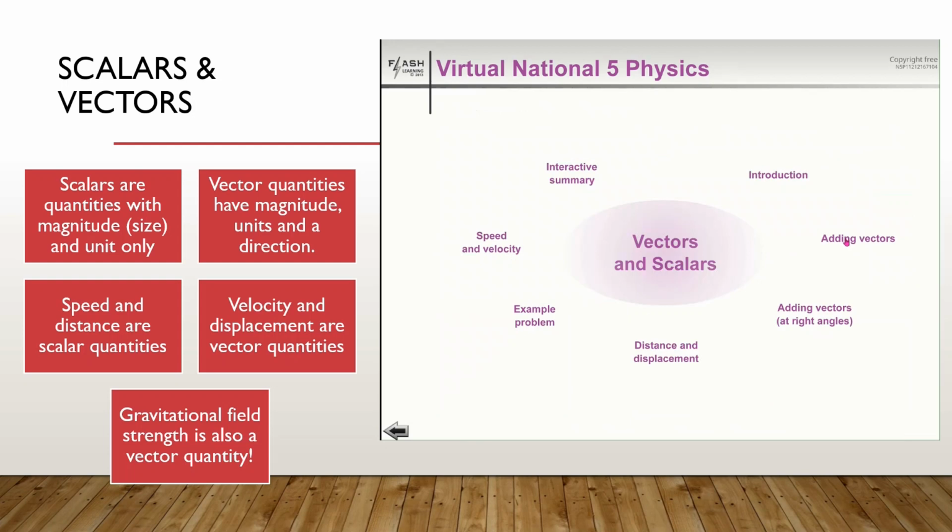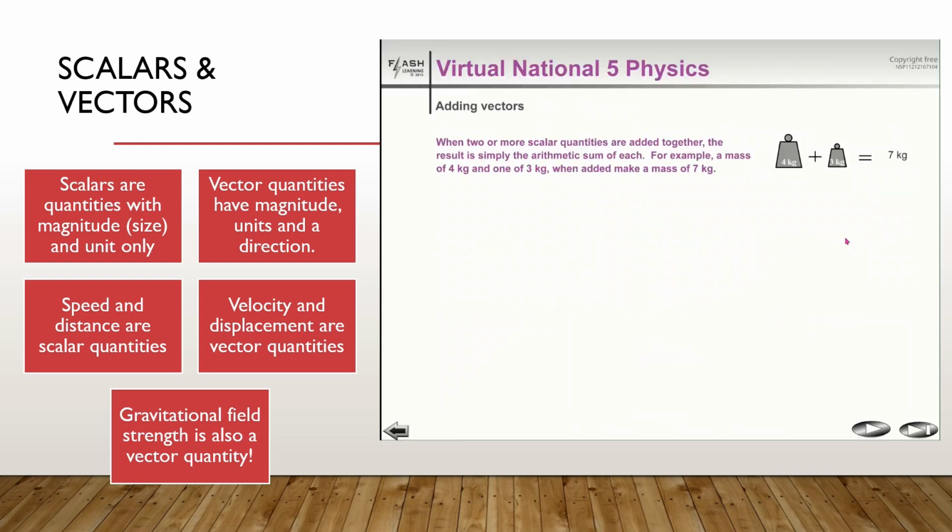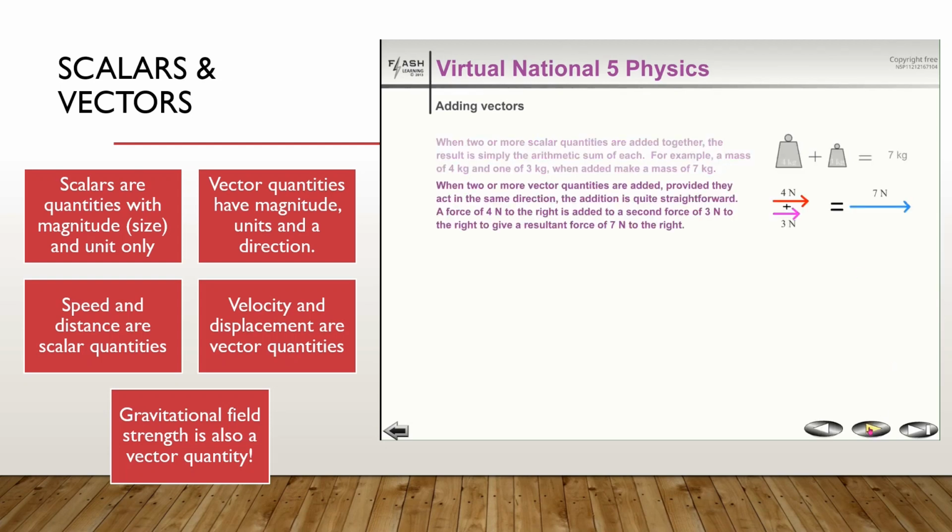Adding vectors, we're not going to go through this in great detail, okay? But if you add normal quantities, you've got a mass of 3 kilograms and 4 kilograms, so they would add up to a total of 7 kilograms. That's fine. And likewise, if you've got a force of 4 newtons and 3 newtons and they're going in the same direction, that would add up because they're in the same direction. So that would give us 7 newtons.